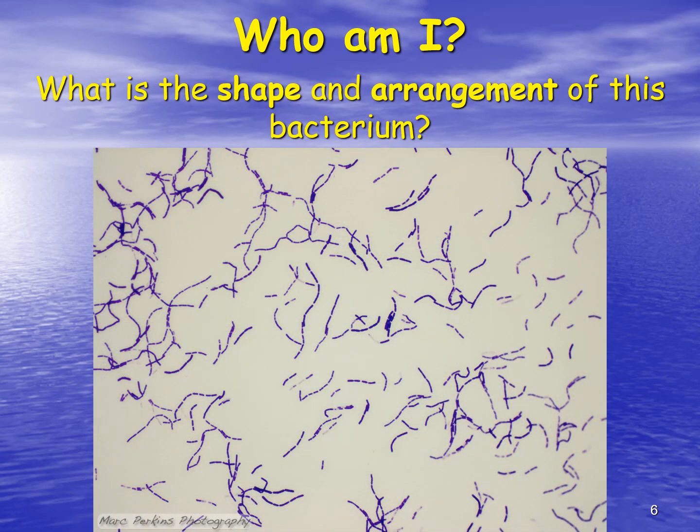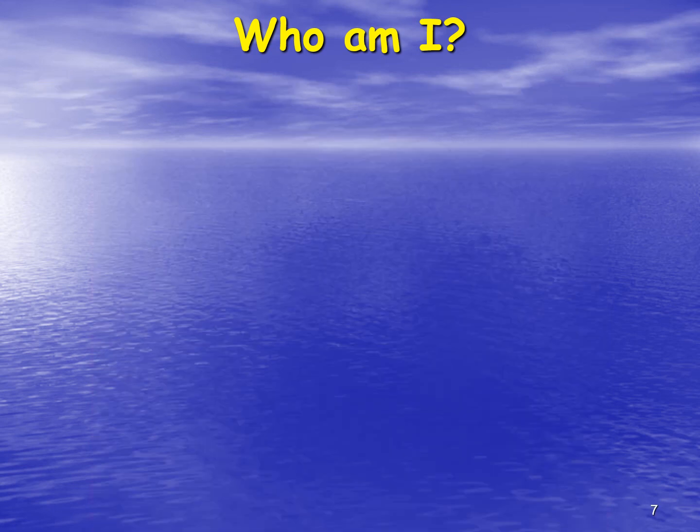What's the shape and arrangement of this particular bacterium? This is a fairly low power view, but you can see that they pretty much are longer than they are wide, and so this shape would be bacillus. The arrangement, they're typically seen in these strings or chains, and so this would be a streptobacillus.